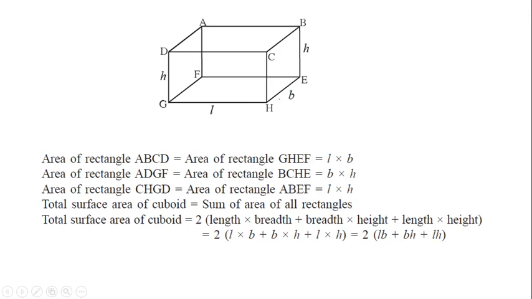Understood? This is opposite to this. So 2 times length into breadth, 2 times breadth into height, as this right side face is equal to the left side face, and the top face is equal to the bottom face. So our final answer is 2 times (length into breadth plus breadth into height plus length into height).